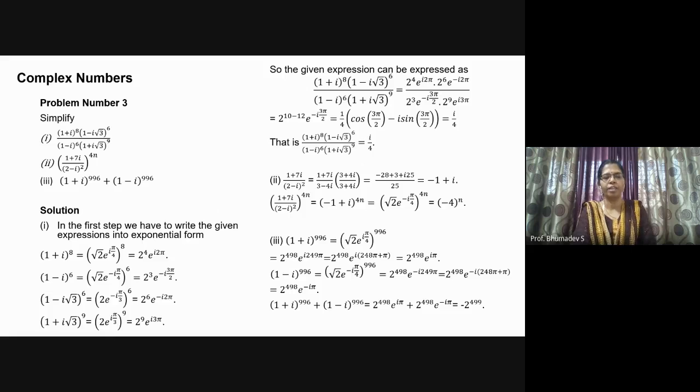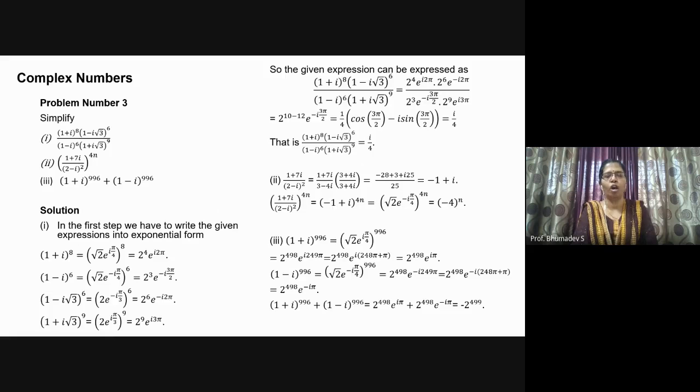The same way we write 1 minus i root 3 the whole power 6, which is again 2 to the power of 6 into e to the power of i 2 pi, and the negative sign we are having in the argument. Then 1 plus i root 3 the whole power 9 can be written as 2 to the power of 9 e raised to i 3 pi.